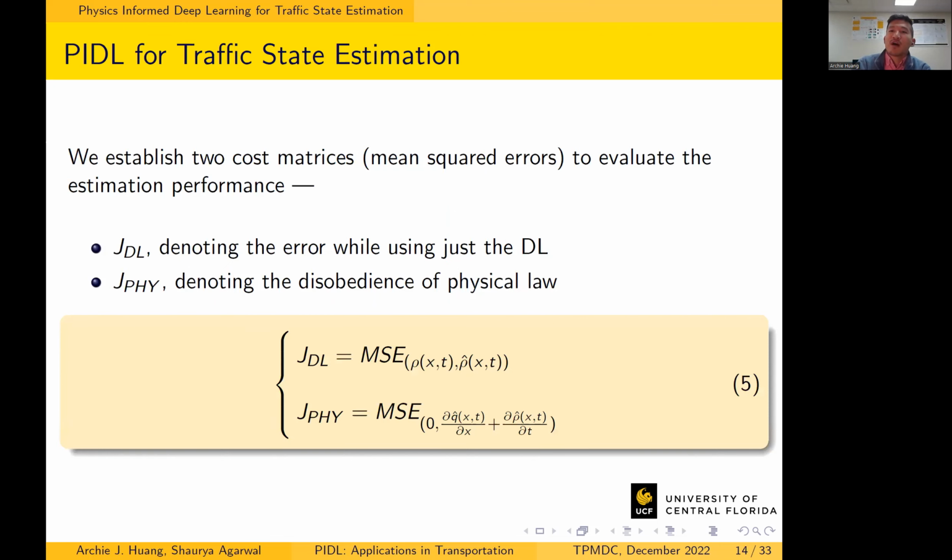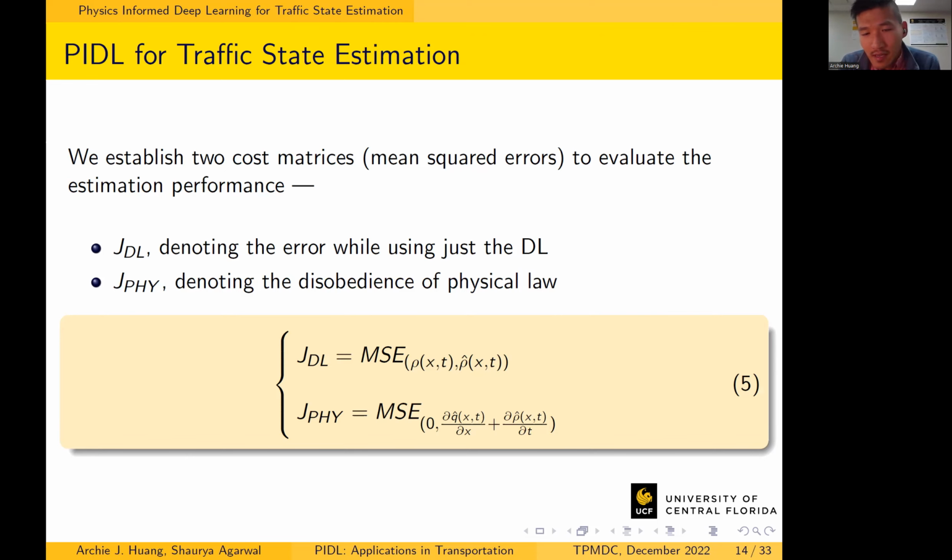So here in equation 5 is a formulation, an example of how we can construct the DL cost and physics cost. If you use mean square error as the error metric, here again we see J_DL, or the DL cost, is just the difference between the estimation output, in this case rho hat (x,t), the estimated density, compared to the ground truth, which is rho (x,t) without hat.